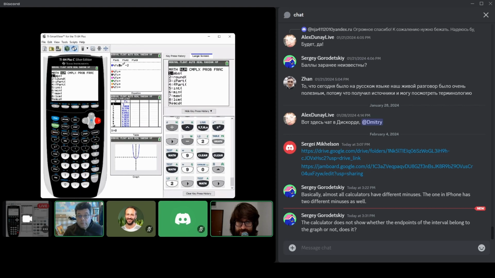So we go to math and then numerical options, which is absolute value. We open the absolute value, and now we do e to the power of t squared minus 2, and then we do dx, and then we hit enter.